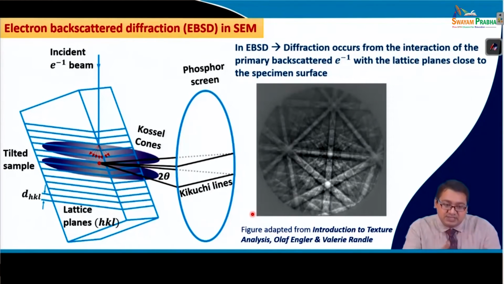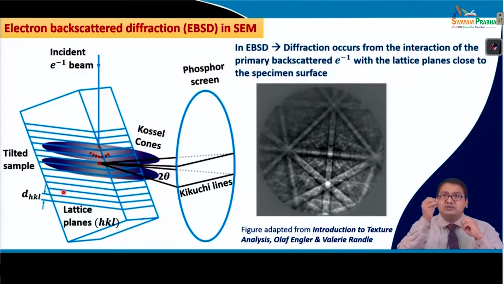So, say for example, there could be inelastic backscattering and then finally, it could be diffracting. So, you see that when the electrons interact with the nucleus, we can get elastically backscattered electrons, but if we can tilt the sample at a certain degree, say 60 degrees to 80 degrees, something like this.